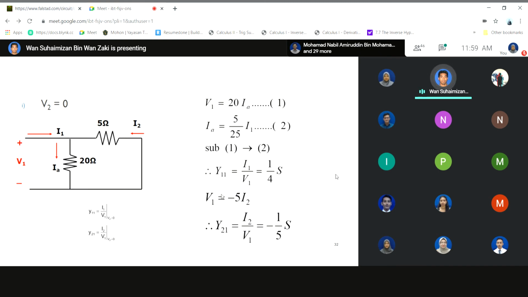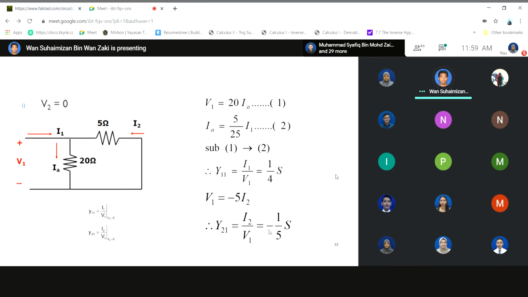So V1 equals minus 5 I2. The direction is different because it is assigned for the two-port network. Positive for V1 is from here, and positive and negative mean current goes in this direction, so that is why there is a negative sign. So V1 equals negative 5 I2. If you get the ratio I2 over V1, you get the Y21 admittance value.